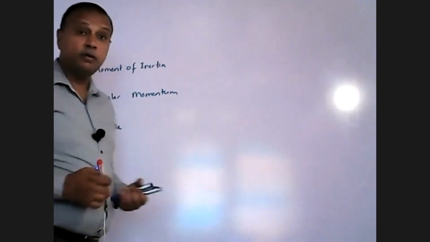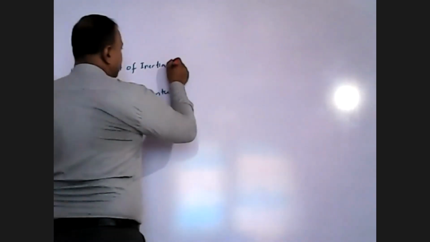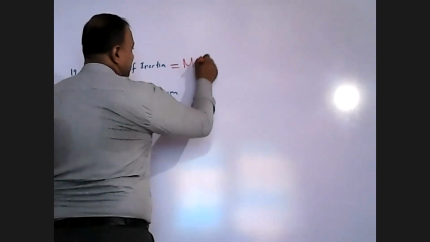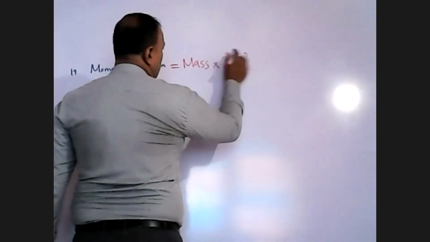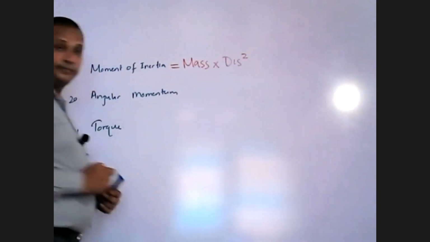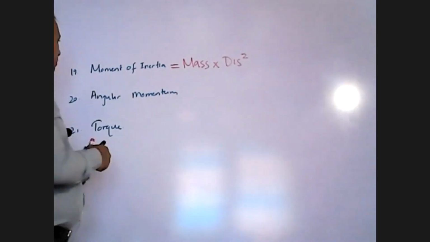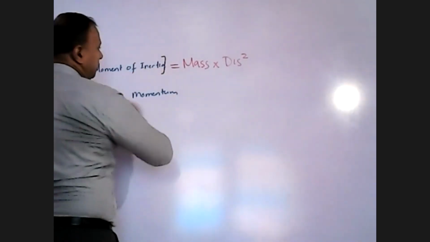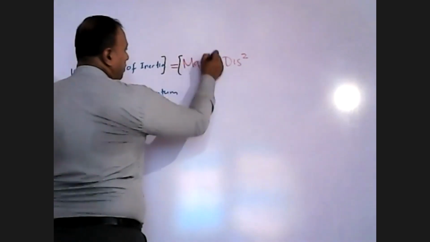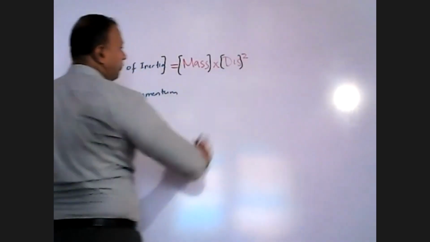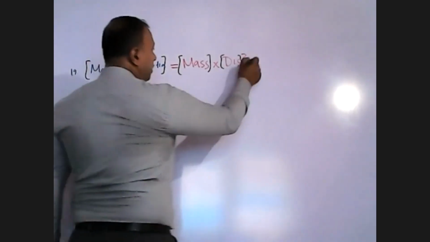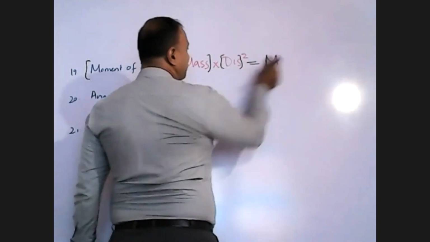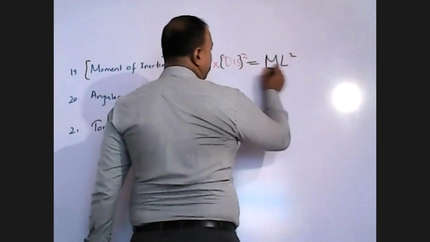So the dimension of moment of inertia is equal to the dimension of mass into the dimension of displacement squared. So this is equal to ML squared.